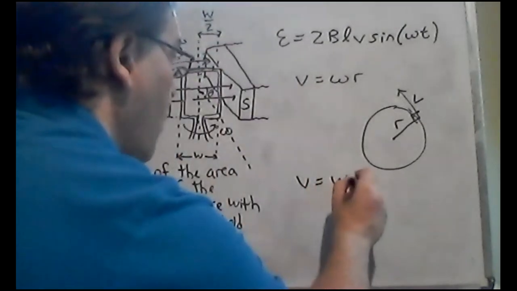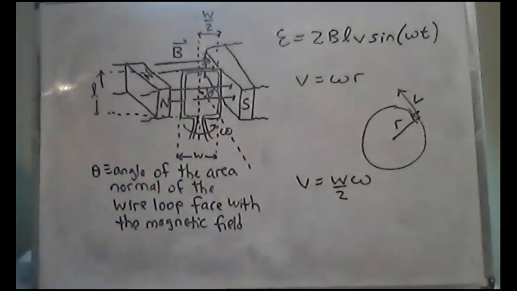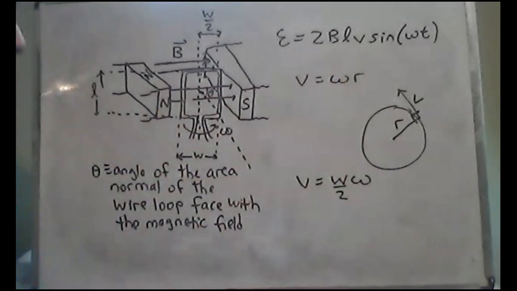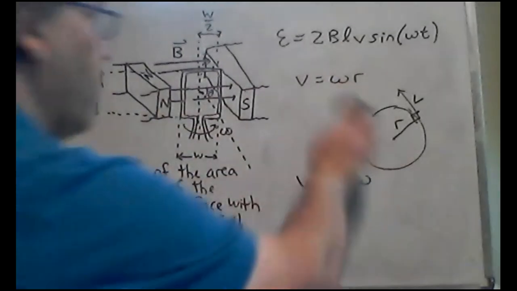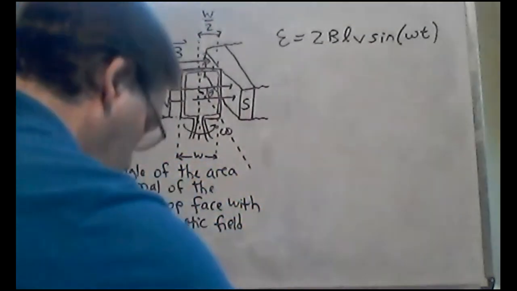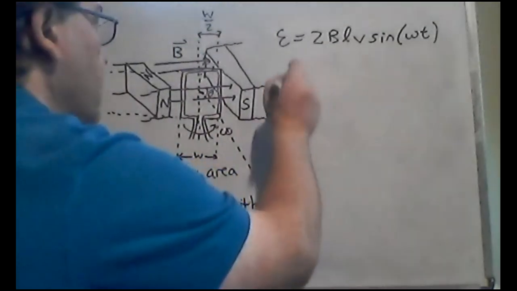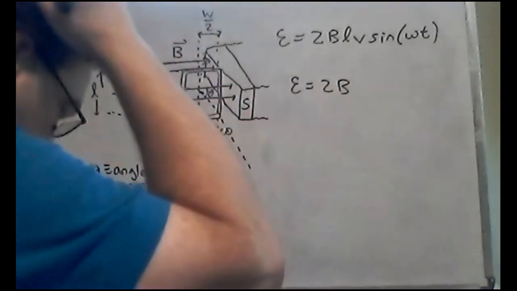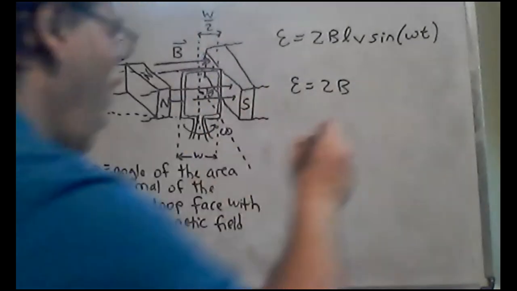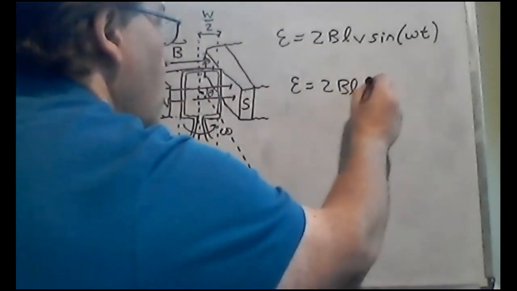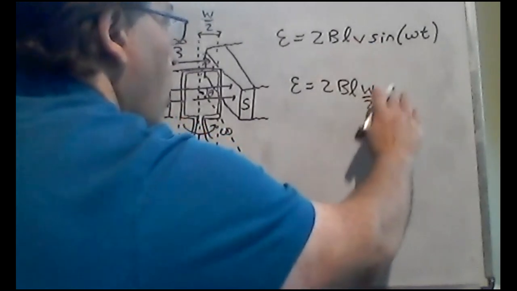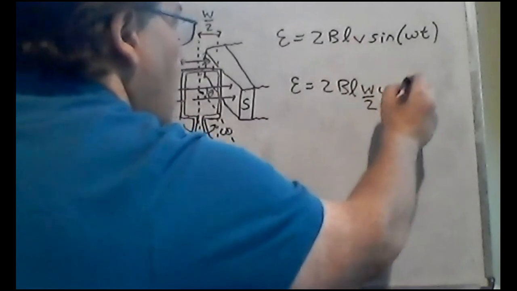And then I have omega. I can stick that in for v. And now I'll have nothing but angular variables, and the rest of it being geometry. So let's put this in for v. And then what do I have? Well, now I have epsilon is 2B L w over 2 omega, sine omega t.